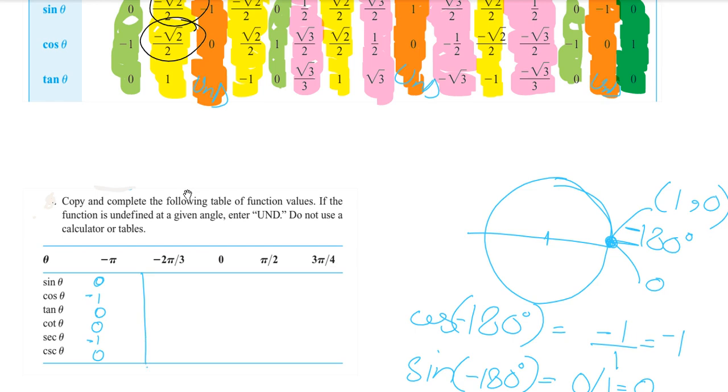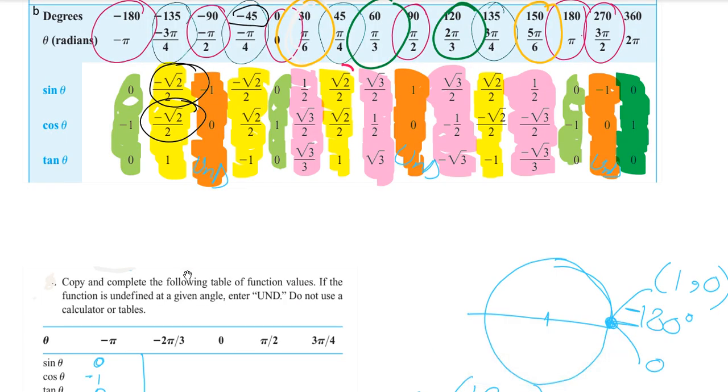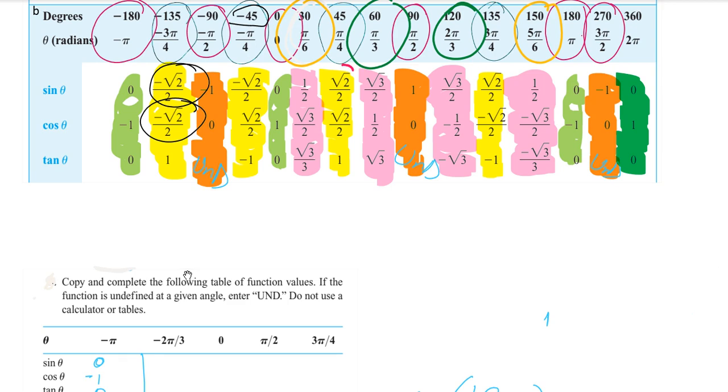Okay, so next we need to find the values for negative 120. So again, we need to relate with the current. But over here, we have the values for positive 120.